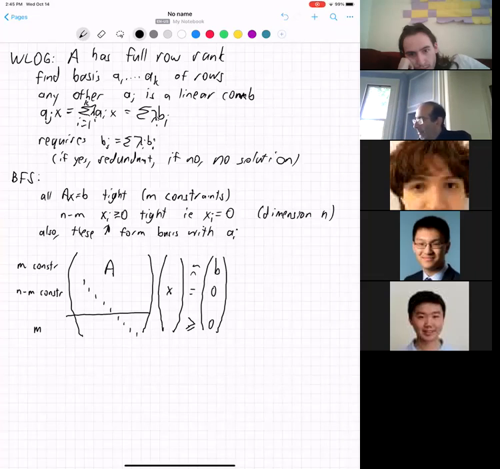Everybody happy so far? So these n minus m constraints, let me also draw here a separation. So over here, we basically have an identity matrix of n minus m entries, right? Over here, we have zeros.